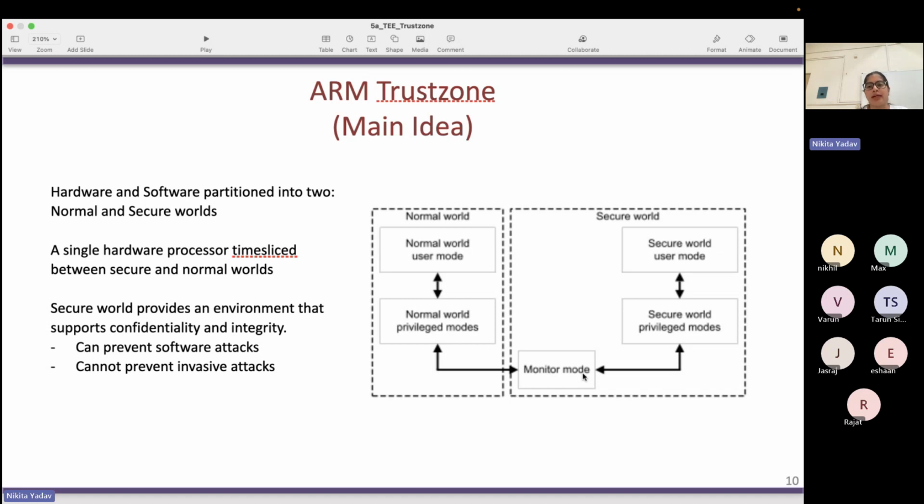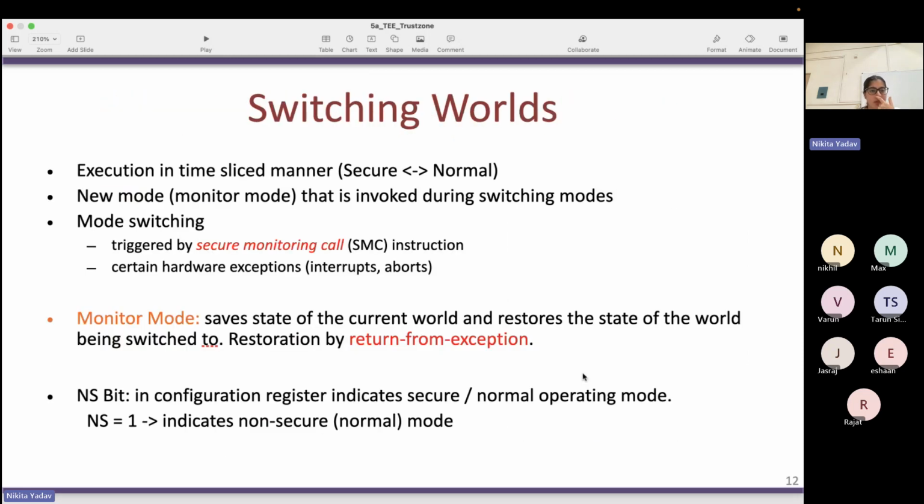And that should not be allowed from any other place. Now, to enable this switch between the worlds, there is a new mode which is the monitor mode, that is the execution level 3, that is invoked during switching worlds.